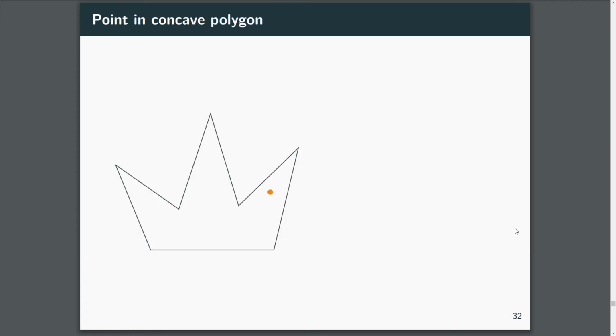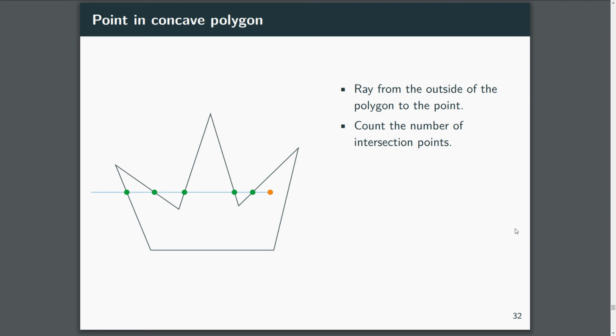Okay, so if we look at this point and we pick a random ray, doesn't matter which ray, count the number of intersections with the polygon. So here we have 5 intersection points. Now the ray extends to infinity from one point.